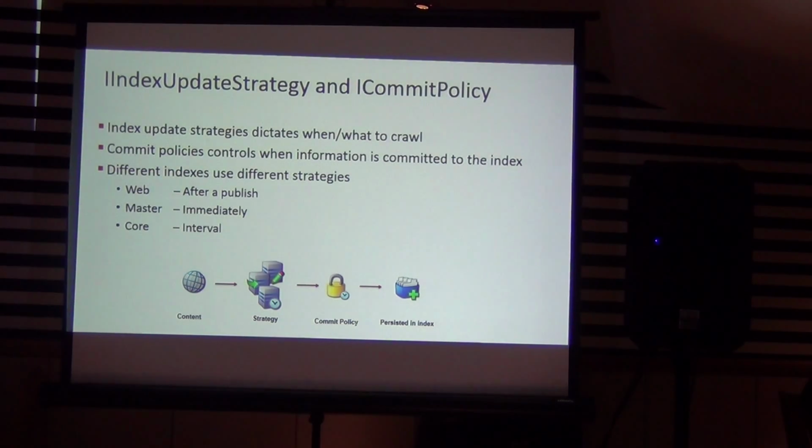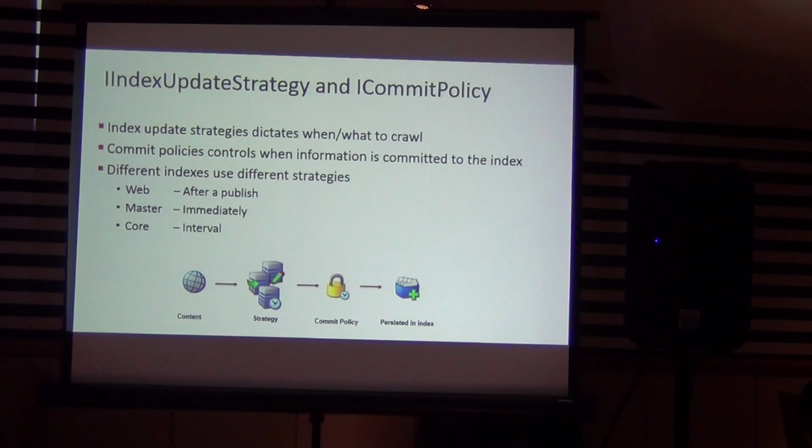The default configuration for web, master and core is that they each have their own strategy. And I guess for the master, we want our indexes to be very much up to date. So every time someone does a save or a delete or a move or any other action that would trigger an index update, it's done there and then.